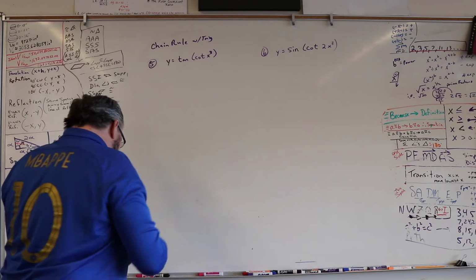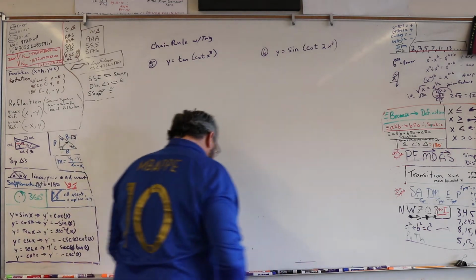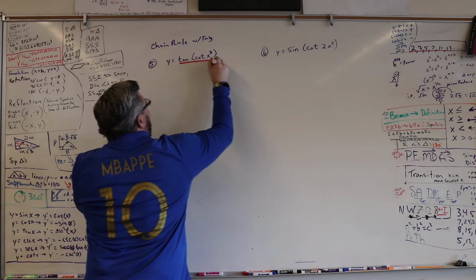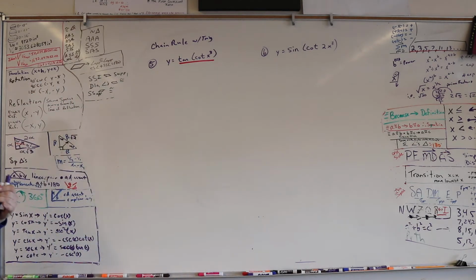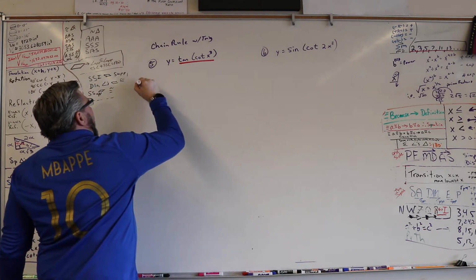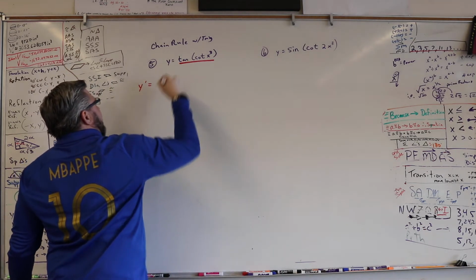So we'll start with nice bright red. Okay, so we're going to start with the whole piece. Take the derivative y prime with respect to tangent.